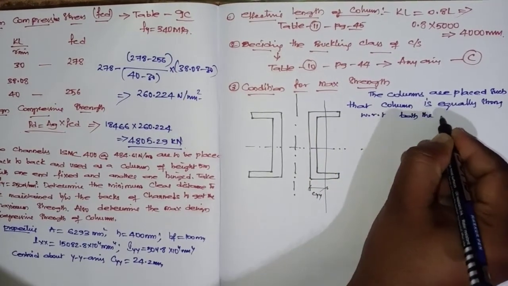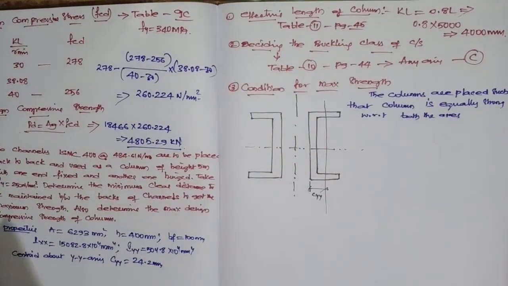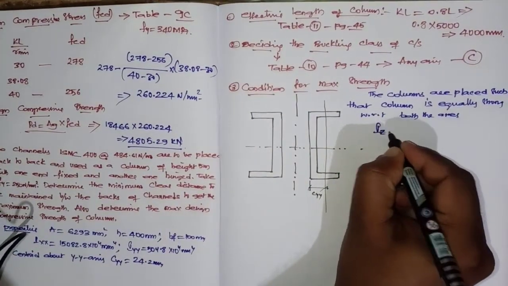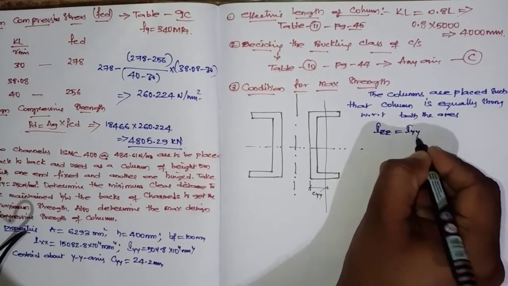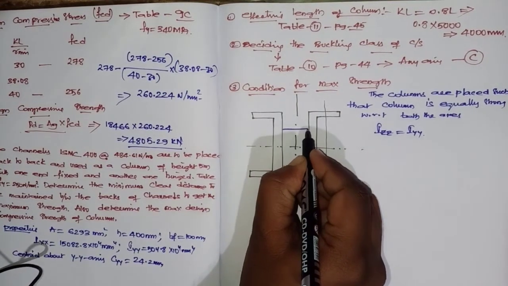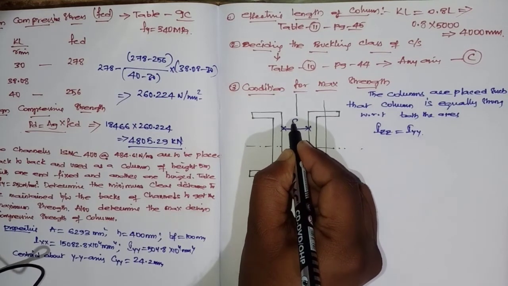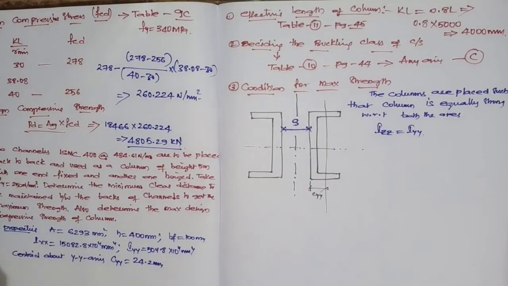Means if I change the axis, like this or like this, it should be strong. That is IZZ must equal IYY. Now let us consider the clear distance between these as S.